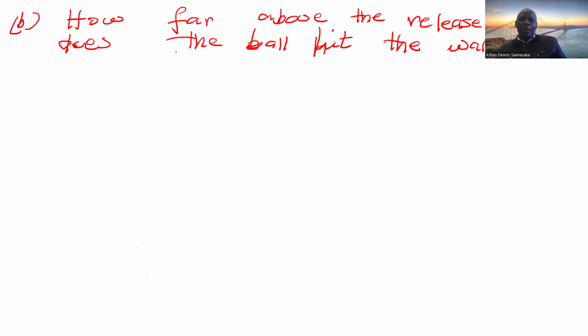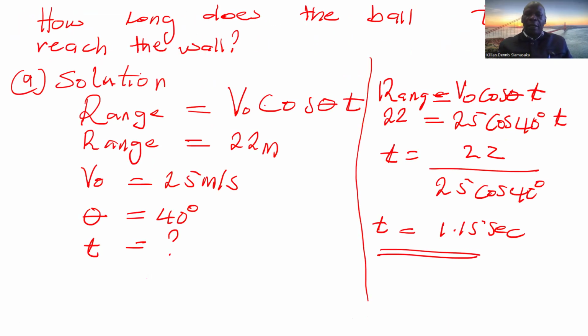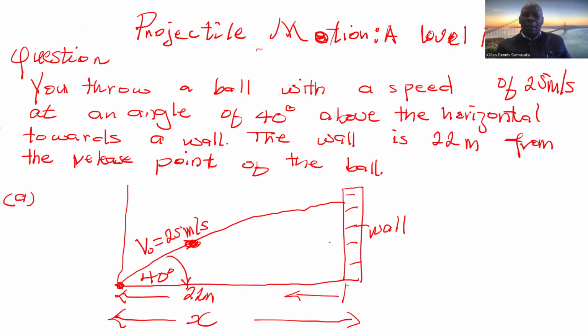How far above the release does the ball hit the wall? So we are looking at this distance here, until it reaches that distance. And this is our y0, this point there. So we can say this is our y1. So this is the height being asked for, from this point up to that point.